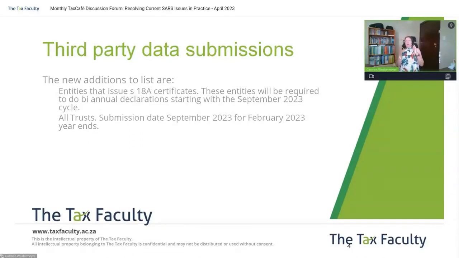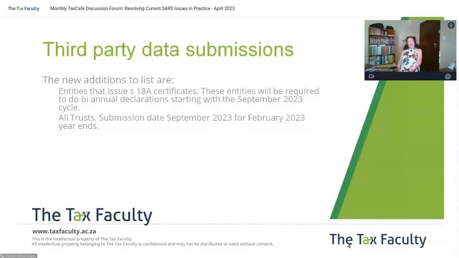To put it differently, in September 2023 we have to provide a schedule of all the distributions made by a trust, quantifying the type of income, the quantum of the income, and any expenses attributable to it, going back to Feb 2023.